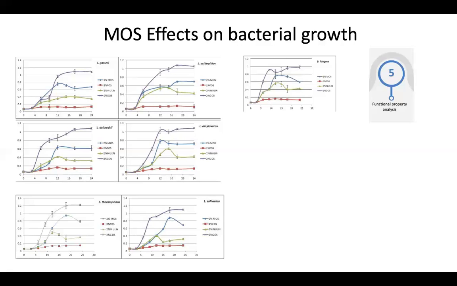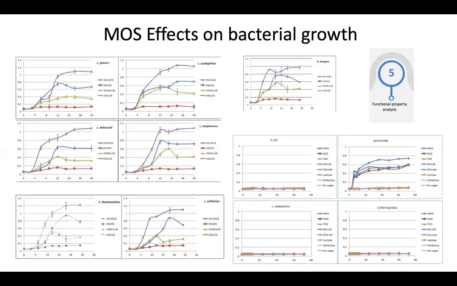So this is a result to show that it has a prebiotic activity. Unfortunately, when we test the effect of this on the bad bacteria like Salmonella, we also show that it increased the growth of Salmonella. All right.